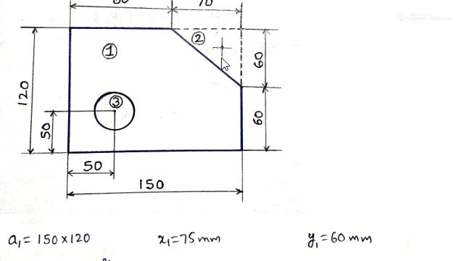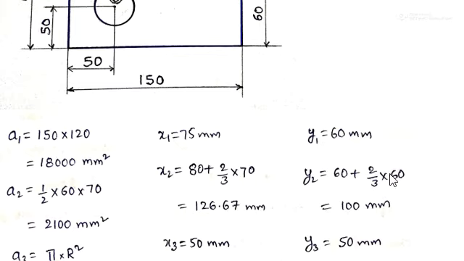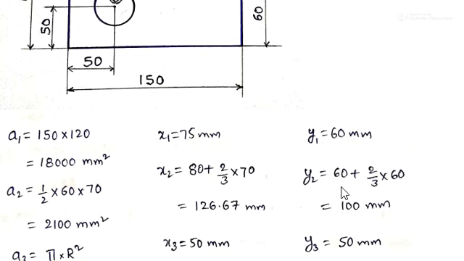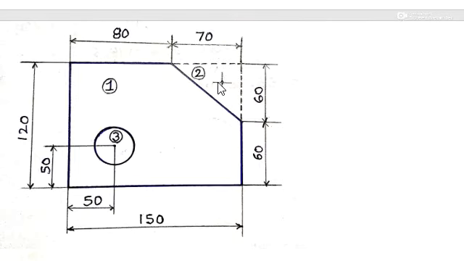To get the distance of this center point from the bottom edge, it is 60 plus 2/3 of 60. 60 is this distance and 2/3 of 60 is this, such that we get this distance. If you simplify that, we get y2 as 100 mm, the distance of this point from the bottom edge.